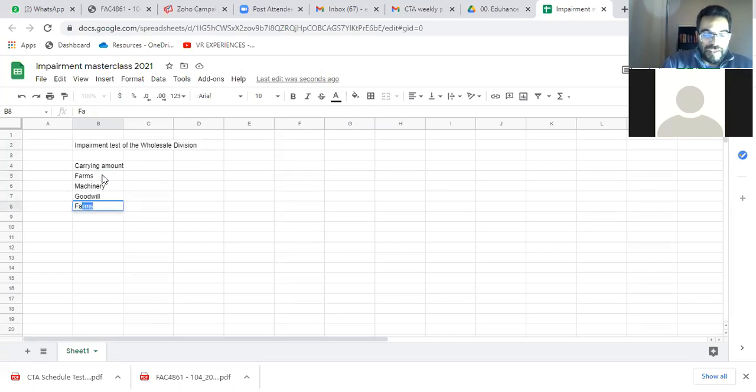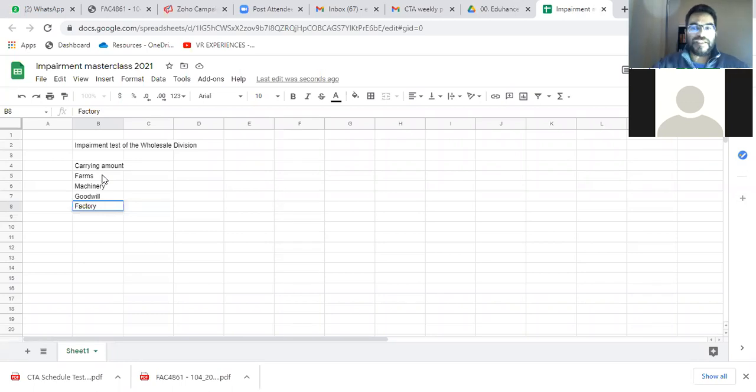If the corporate asset could not be allocated to the CGU on a reasonable and consistent basis, we will not bring the corporate asset in. Very, very important, okay? When you identify a corporate asset, how do you identify if an asset is a corporate asset? If the asset cannot generate cash inflows independently, and secondly, if the corporate asset is used by more than one CGU.